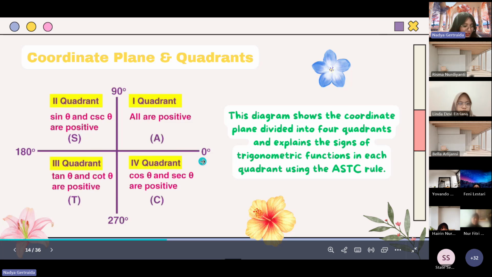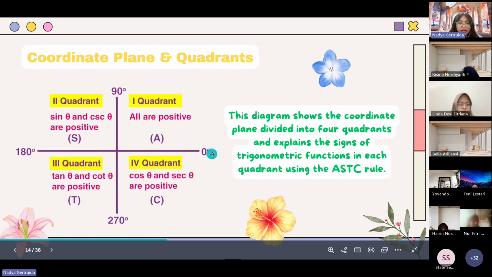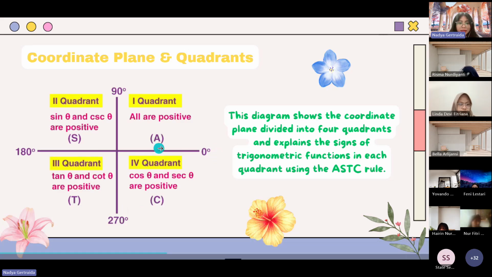And for 360 degrees, it is here after 0 degrees. Because this is the horizontal line, the value of sine is 0, and the value of cosine is 1. And tangent is 0 because 0 over 1 is 0.